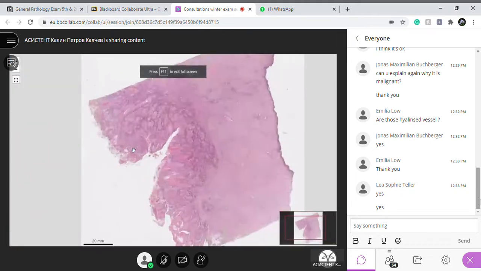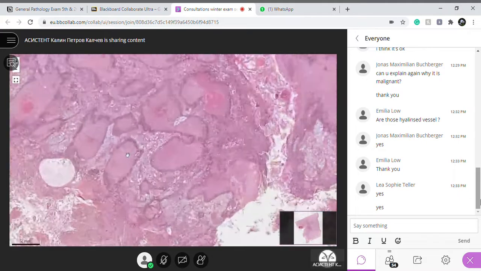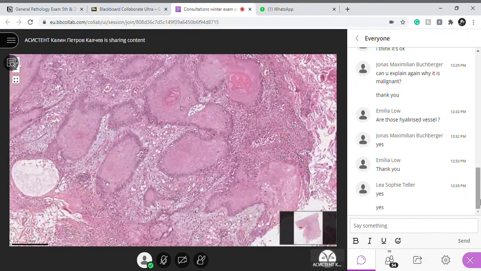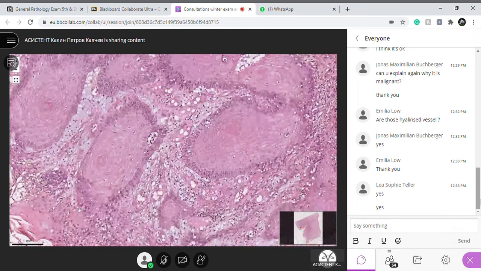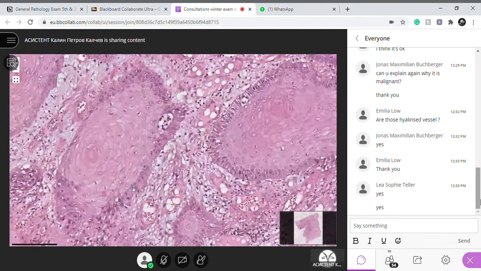Well, here you can see that again we have some cellular atypia. These cells are not making flat structures, but they are making these nested structures. Well, this is a well-differentiated cancer. That's why we can distinguish the basal cell layer, and there is some maturation here in those nests towards the center. The cells become more mature, but look, they do not make, for example, this granular cell layer.